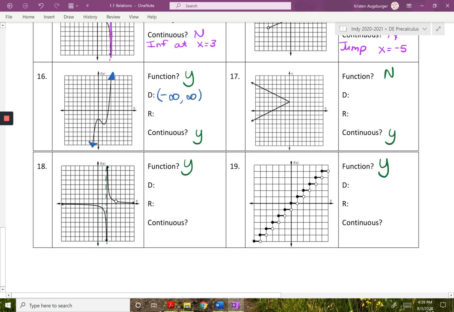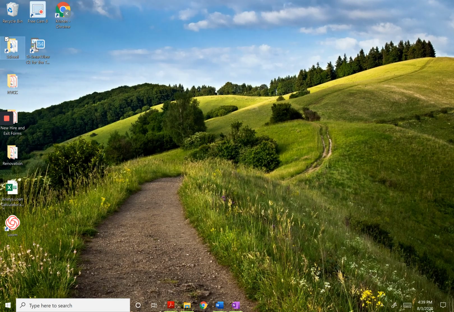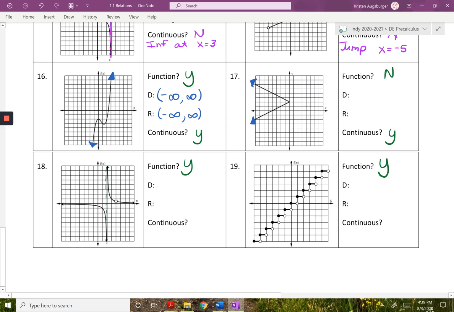These all have parentheses. For 17, the domain looks the same. The domain here goes from negative infinity to infinity.